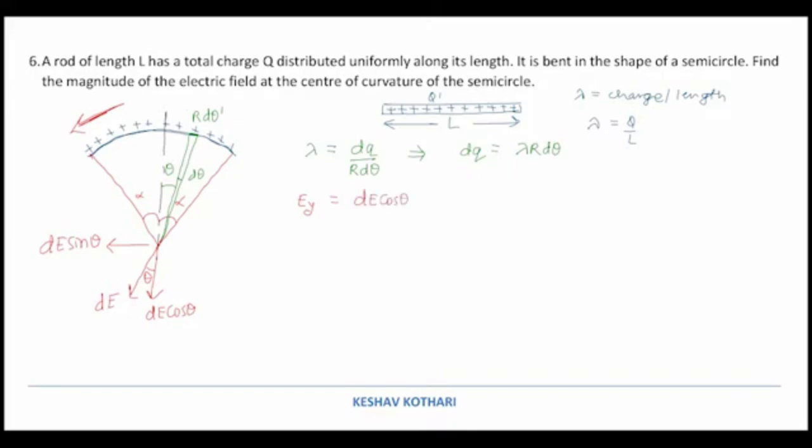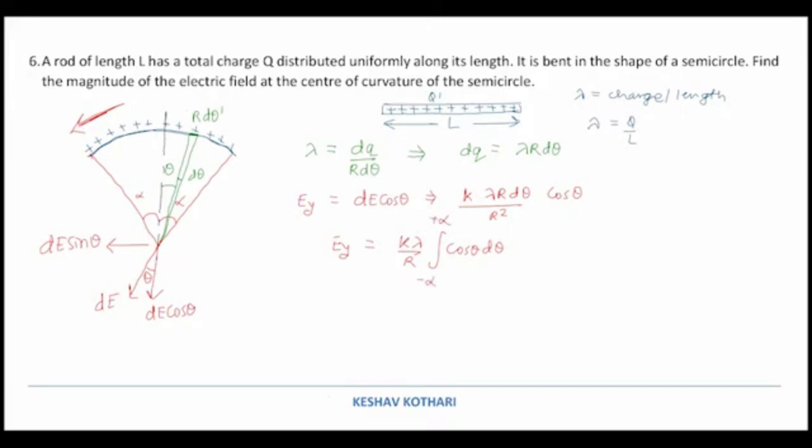So this dE can be written as k q, that is lambda r d theta, upon r square, multiplied with cos theta. This is the particular equation we are looking for, and if we integrate it, we get k lambda upon r times the integration of cos theta d theta, from minus alpha to plus alpha.